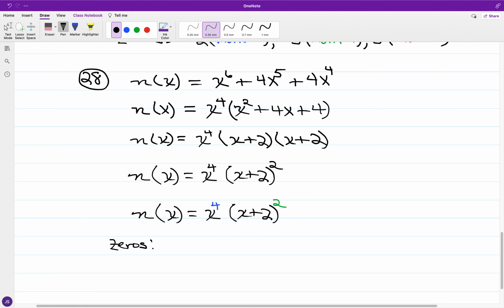So from just x, we'll have 0, and because x is raised to the fourth, we have that the multiplicity is 4, and from x plus 2, we have x equal to -2, and the corresponding multiplicity value is going to be 2.